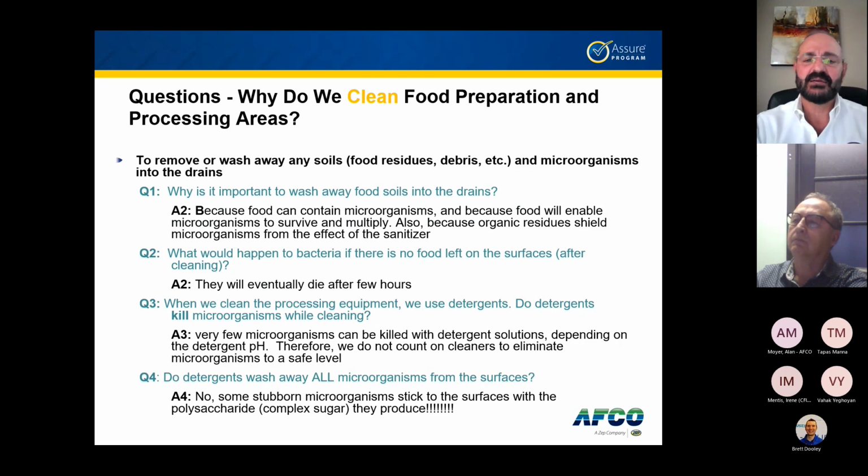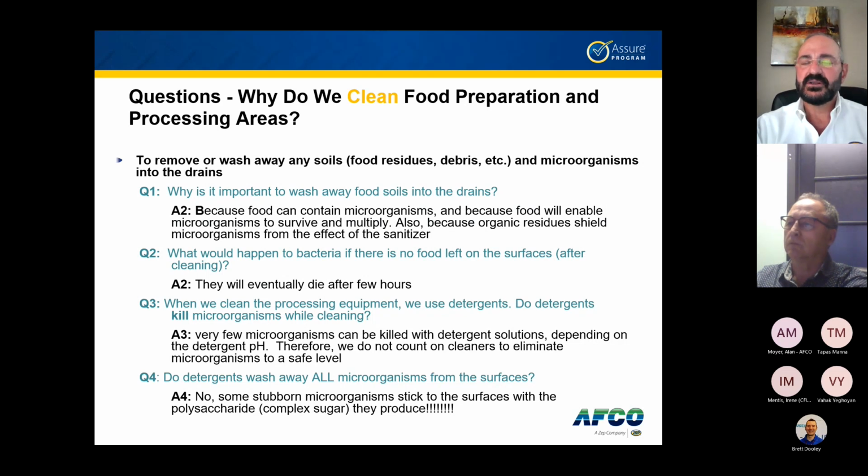So the question that comes to mind is, why is it important to wash away food soils from the equipment into the drains? The answer is that food residues that stay on the processing equipment after production contain microorganisms, especially if you are dealing with raw material like raw chicken and raw meat.